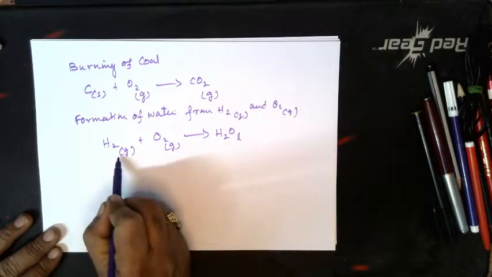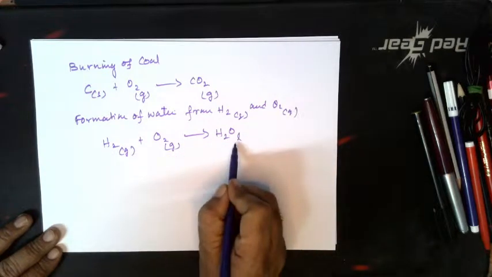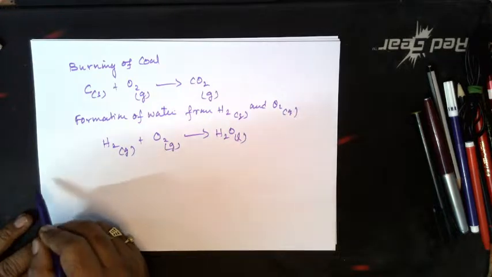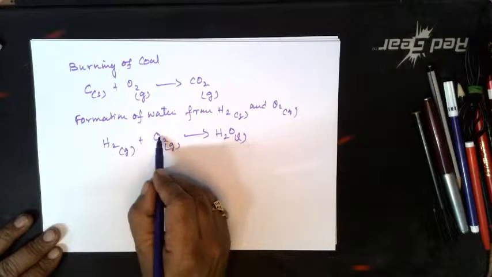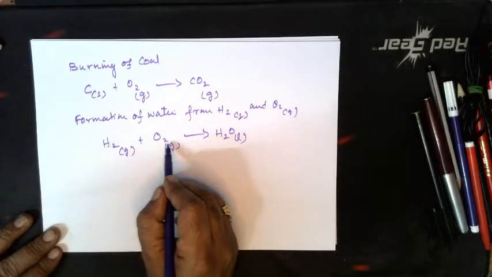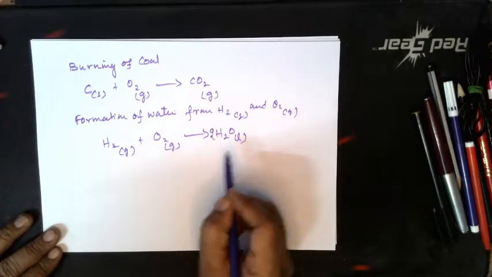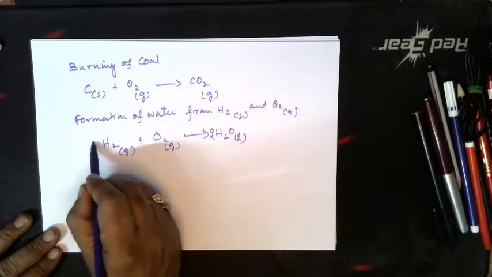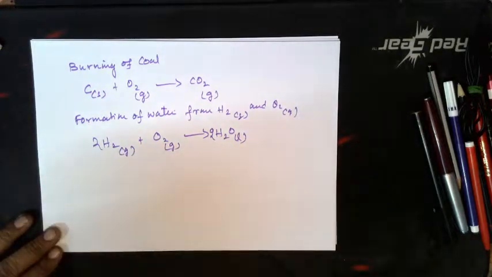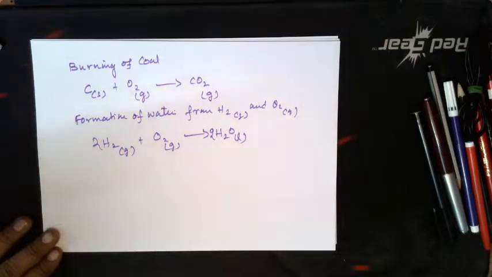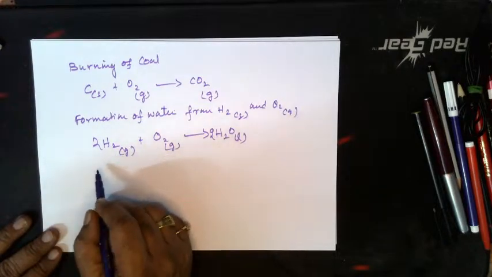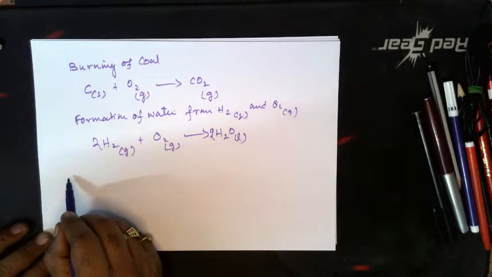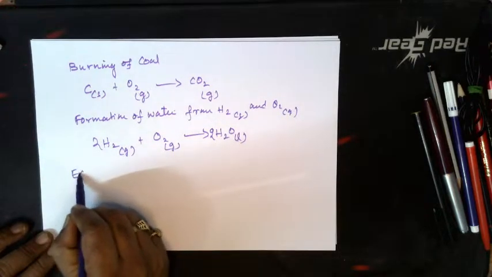This is reactant 1, this is reactant 2, so that you are able to get a single product, water, but it needs to be balanced. Here you have O2 and here there is only one O, so you can put 2. So 2H2. Now it is balanced. And we have some exothermic reactions also, for example, exothermic reactions.